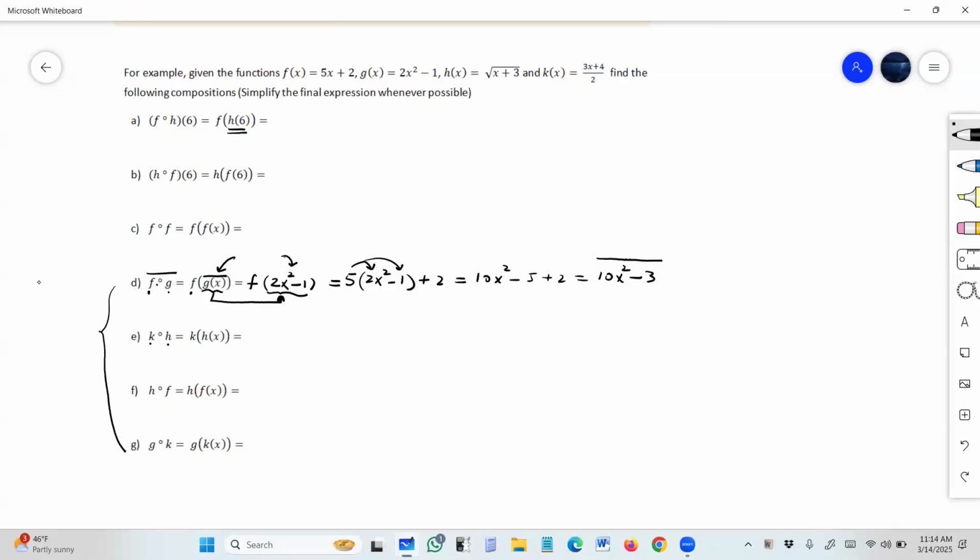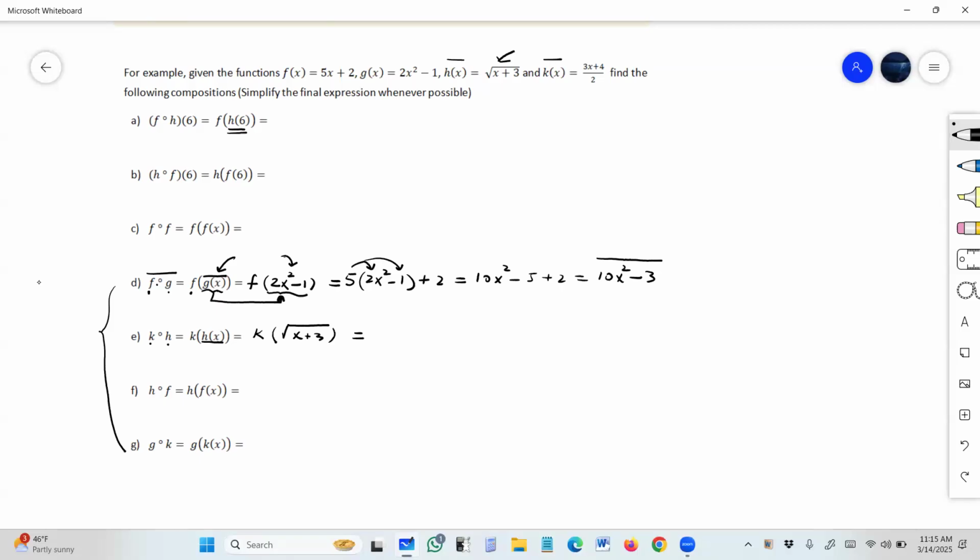k compose h. So here is k, and we're going to compose with h. So just as before, I am going to replace h of x with its definition, which is radical x plus 3. So k in parentheses h of x, radical x plus 3. So I have 2 parentheses here by mistake.